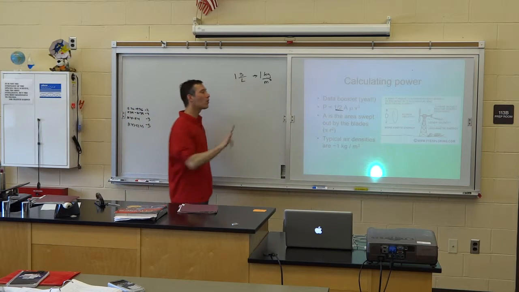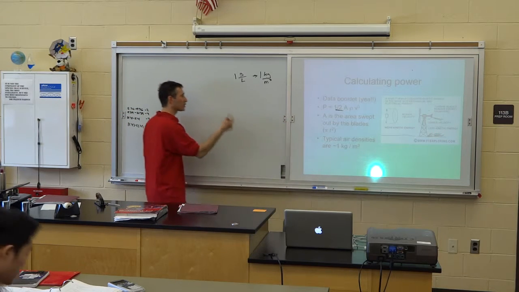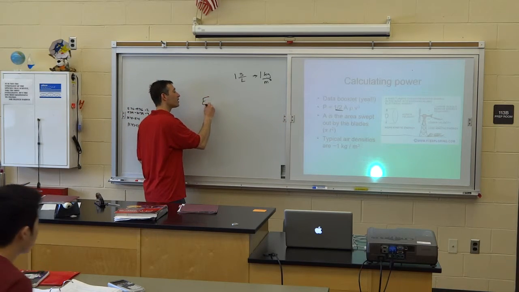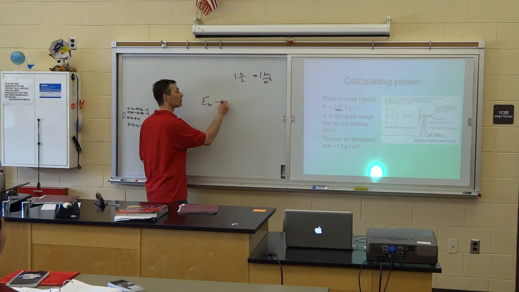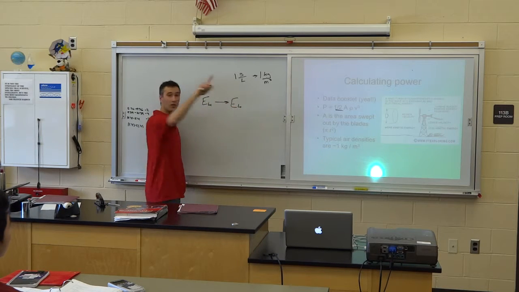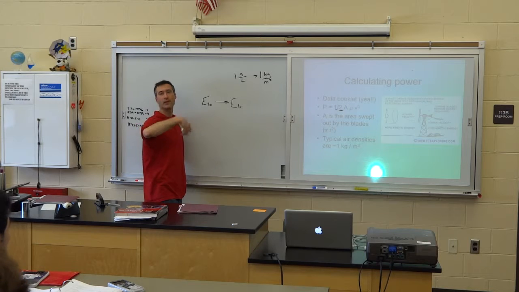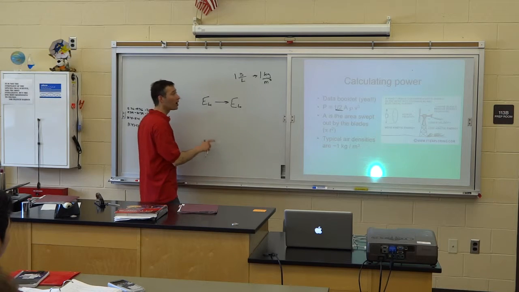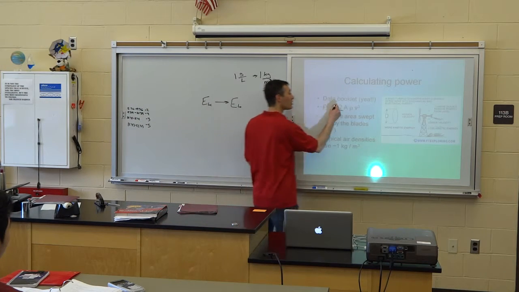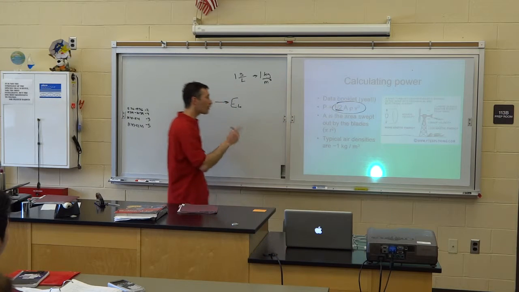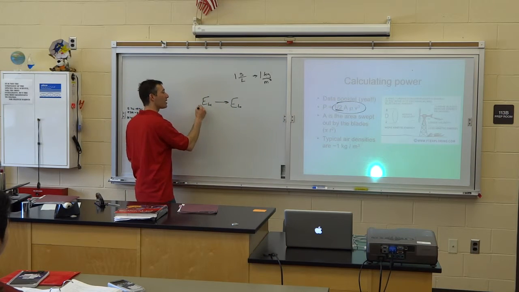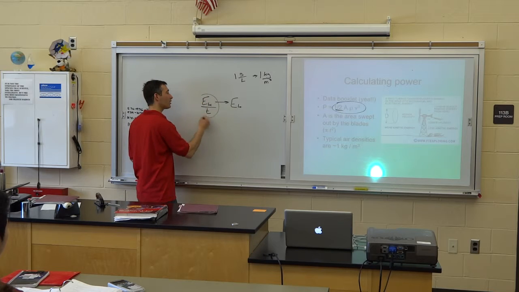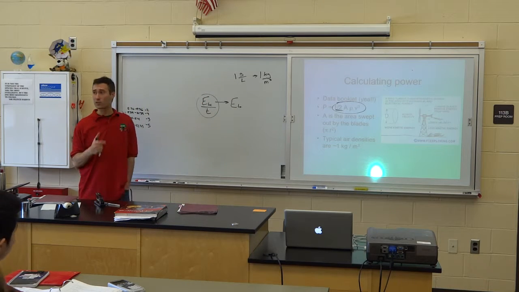So remember what we're doing with this wind turbine. We are converting kinetic energy from the air molecules into kinetic energy in the rotating turbine blade, and then spinning our generator. So this whole thing is going to be quantifying the rate at which kinetic energy from the air is delivered to the turbine.